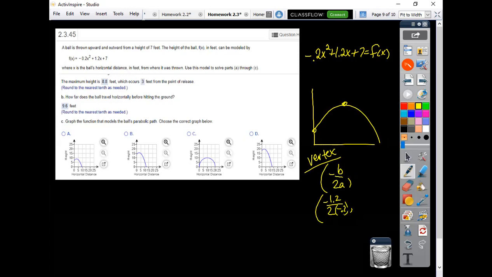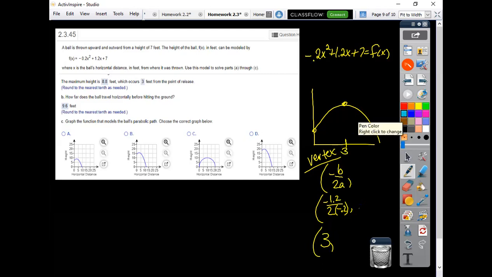And if you plug that in, I believe you should get your x, and that should come out to 3 feet. So it's going to go out here to 3 feet, and then to find the height that goes with that, you plug that 3 into the original problem.